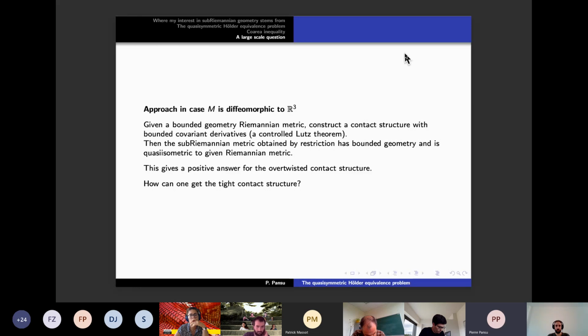It applies only to the crazy over-twisted one, the one which is infinitely many times over-twisted. Yeah, but the picture that people always draw of an over-twisted contact structure is invariant under translation in one direction. So that one is over-twisted at infinity. I mean, it's not crazy. The usual one is over-twisted at infinity. Okay, thank you for this correction.